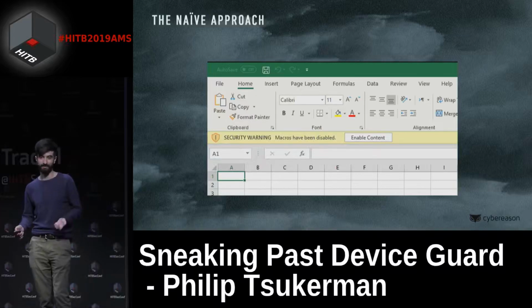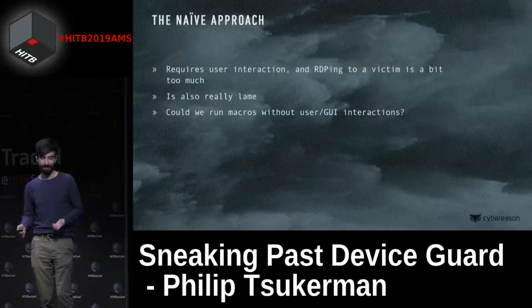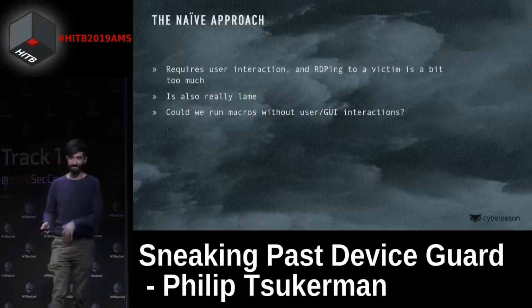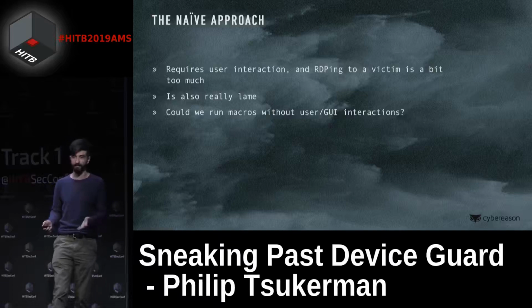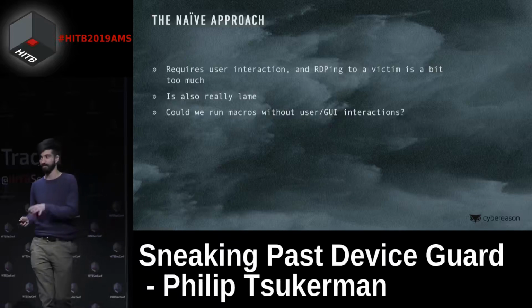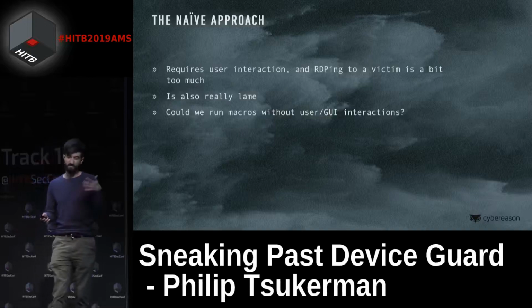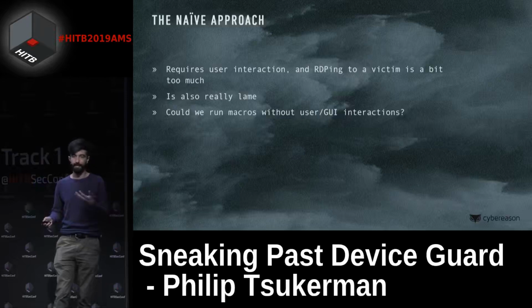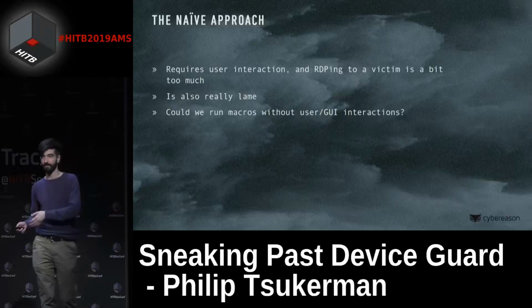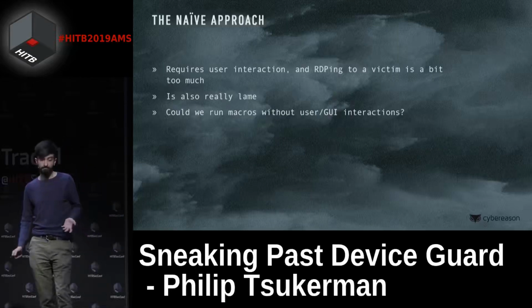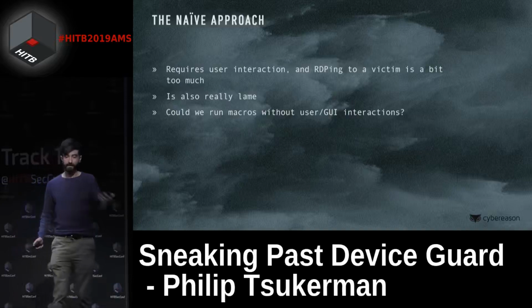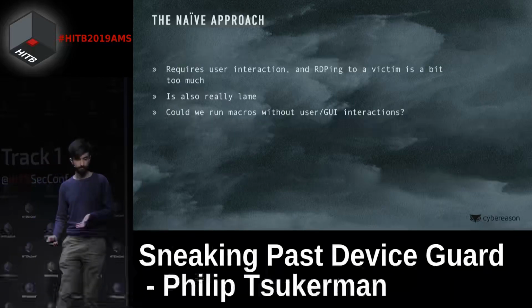Your macro runs. But that's pretty lame, because this requires user interaction, and we're speaking about a post-exploitation scenario, so we really don't want any more user interaction. I tried to search for a couple of other ways to run macros without any user interaction, without any GUI, that could be done from a post-exploitation scenario.